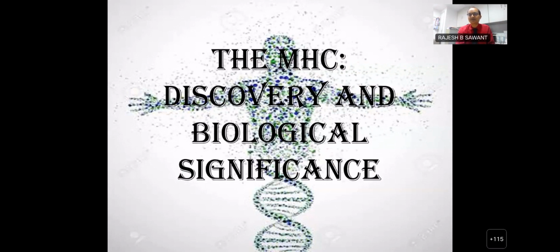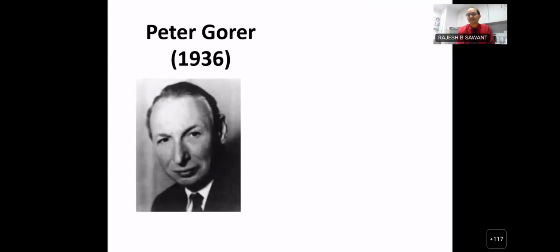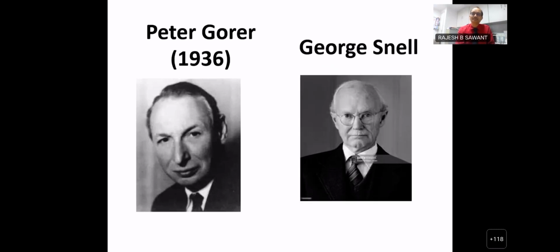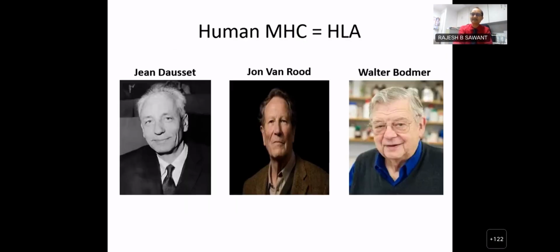Okay, so let us look at the discovery and a little bit of the scientific significance of these. We can't progress further without understanding the contributions by these great scientists. Way back in 1936, we had Peter Gorer, who did a lot of work in understanding the MHC complex and the basic concepts of the HLA.